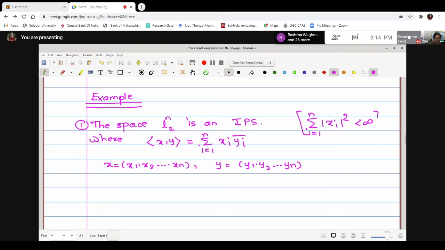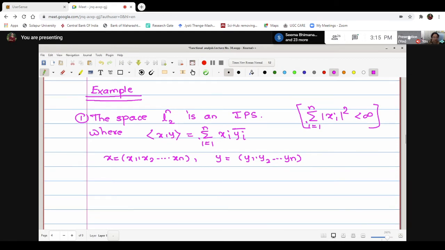This 2 gives me summation of mod xi square is less than infinity, that is, it takes some finite value. In LPn spaces, instead of this 2, we have written p. Now our job is to prove that this L2n is an inner product space where the product is given to us as follows.